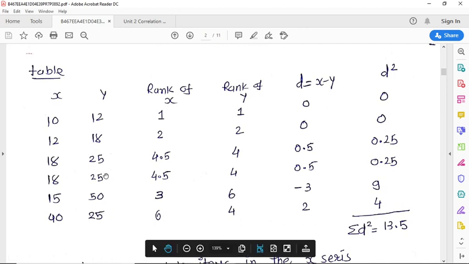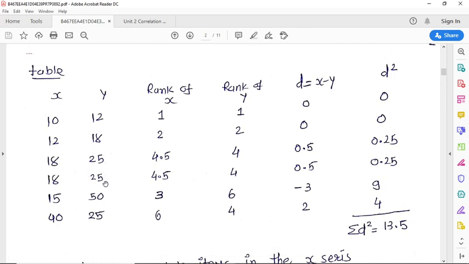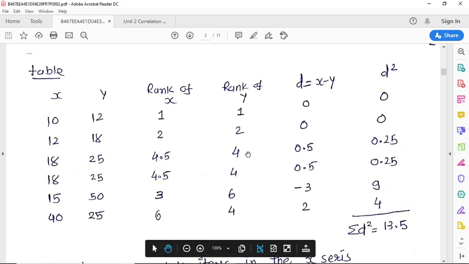So divide by 3: 12 by 3 means 4. So you have to give each of them the 4th rank. So it is 4 here, also 4, and that is also 4. So 1, 2, 3, 4, 5, and the last one is 50, so you give 50 the last rank, that is 6th.